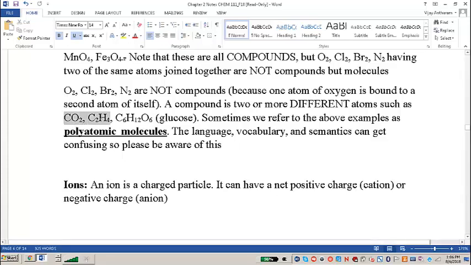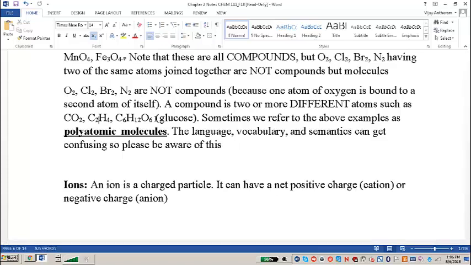Now, why are all of these covalent compounds? Well, they are nonmetals joined to nonmetals. Carbon is a nonmetal, oxygen is a nonmetal. Check your placement of these elements in the periodic table, and you'll find that all of these, carbon, hydrogen, and oxygen, are nonmetals. So nonmetals can bind to other nonmetals. How do they do that?